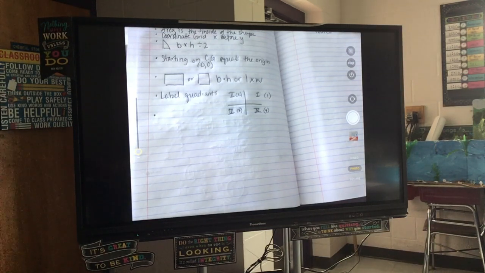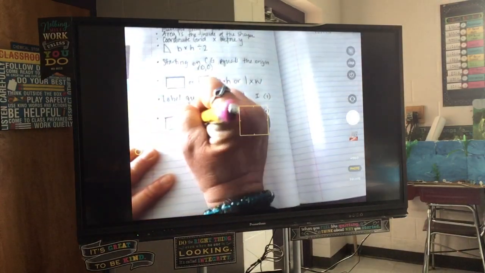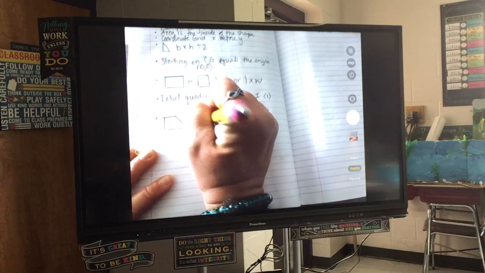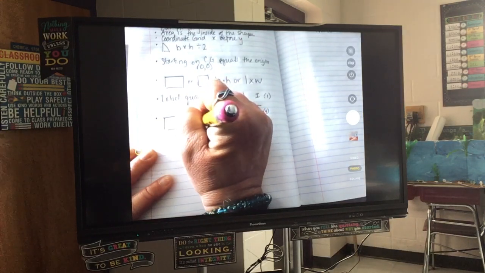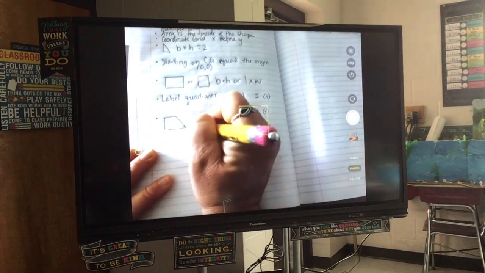Alright, Gabby? Base 1 plus base 2 times height divided by 2. So base 1 plus base 2, you said, times height divided by 2?